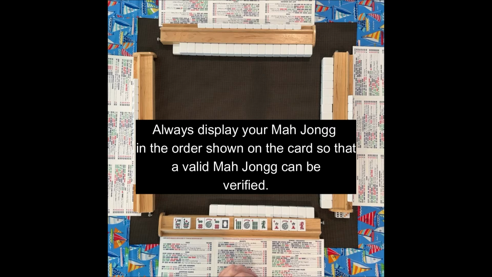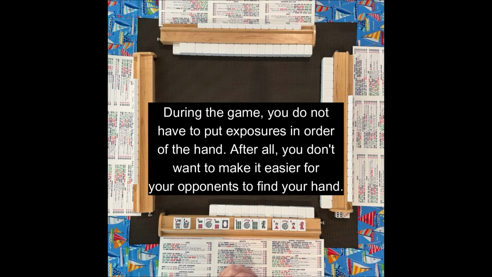And after you do make Mahjong, it is the proper thing to do so that everybody can verify that you have a correct Mahjong. When you're playing during the game and you make exposures, it is not required to put those exposures in order, because during the game you don't want to give clues to what you're playing.